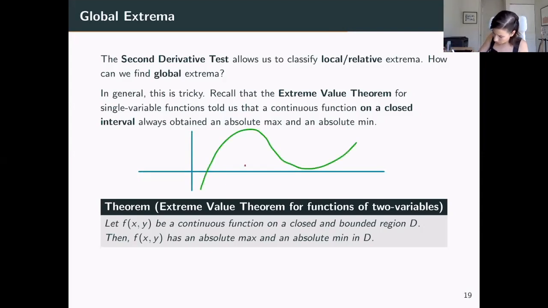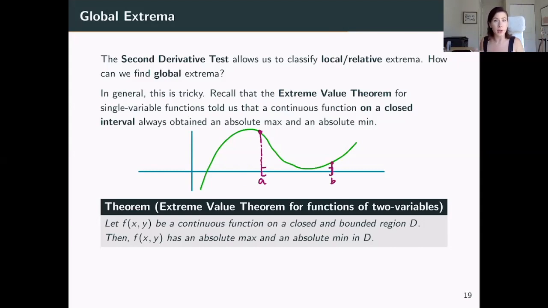So here would be a, maybe I want to move that over somewhere here. Let's say here's from a until b. On this interval, if I close the interval, so I'm looking from a closed to my b closed, I always have a global max and a global min somewhere on the interval.